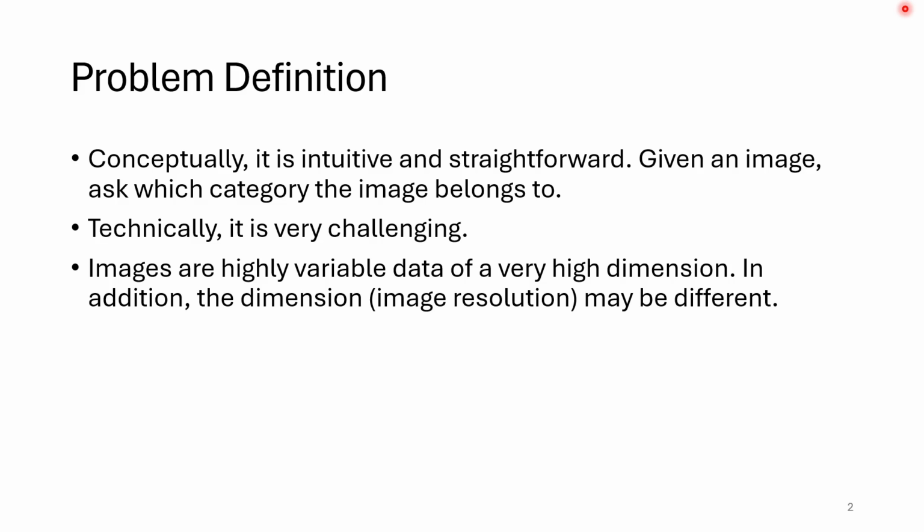If you are familiar with some machine learning datasets, for example the iris dataset, how many dimensions are in the dataset? In fact, only 4. So compare 4 and 30K. You can see one is low dimensional data and one is high dimensional data.